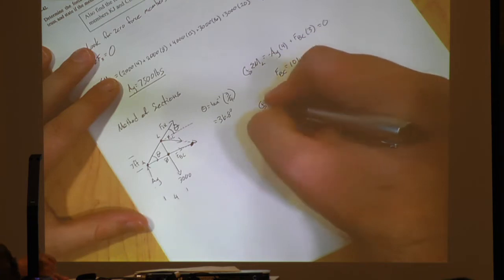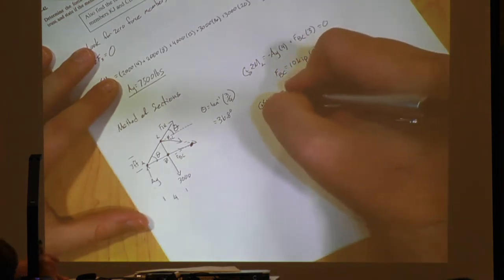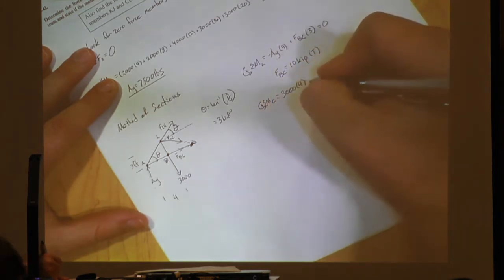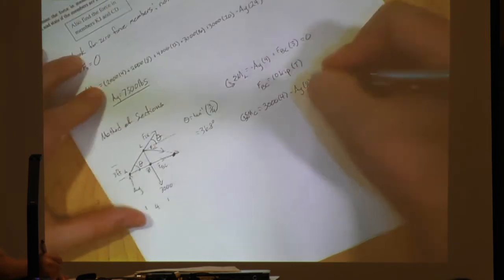Moment about C. So 3,000 at 4 minus AY at 8.